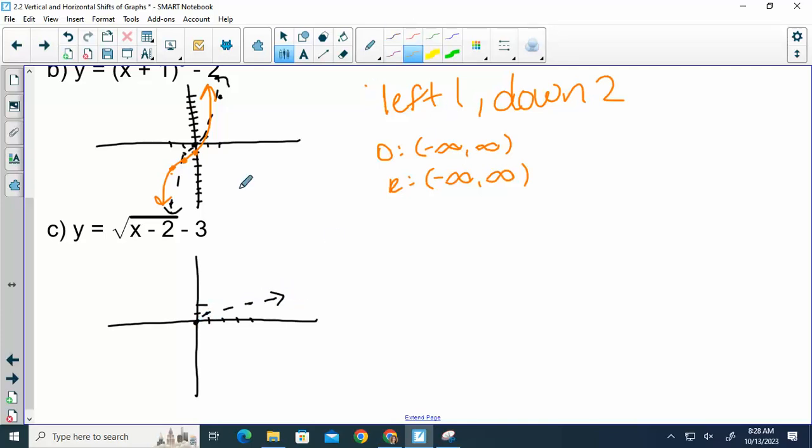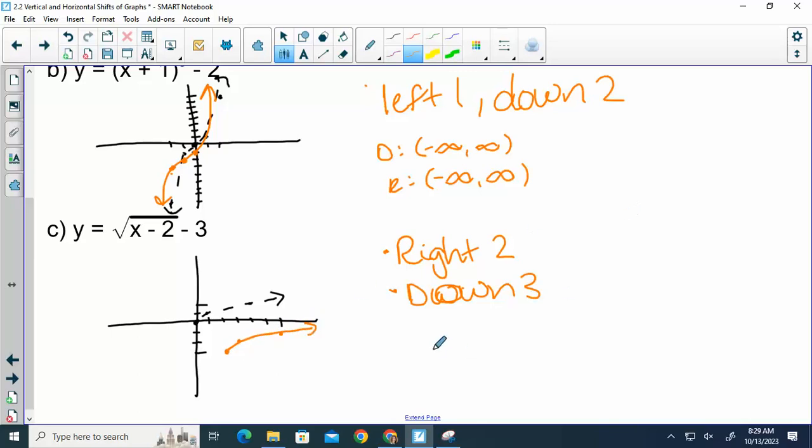And our transformation this time would go right 2, down 3. Follow those, and we'll get this graph.